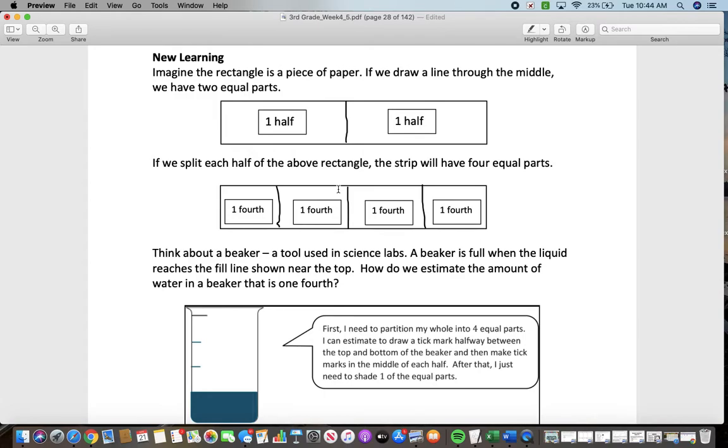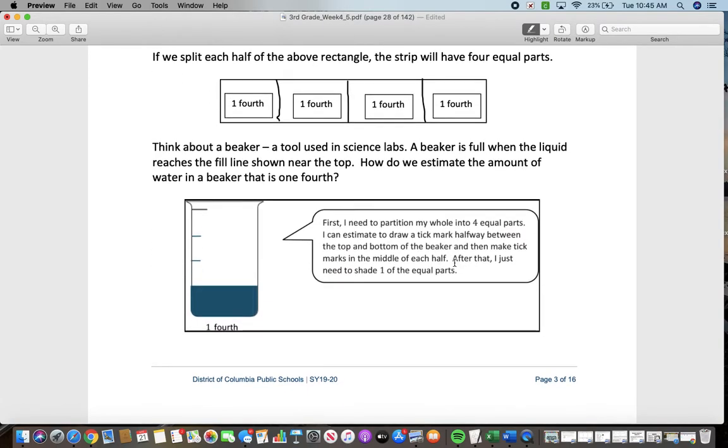The most important thing you need to remember with fractions is that it talks about equal parts. When we're looking at fractions, quite often you are going to see the word partition. When it talks about partition, it's asking you to remember to break things apart equally.